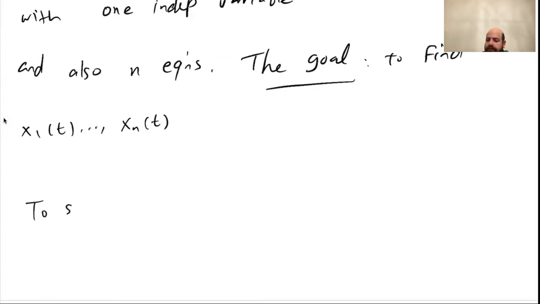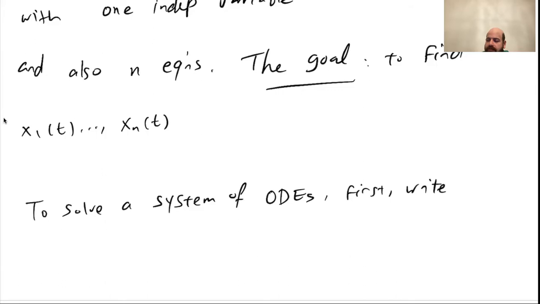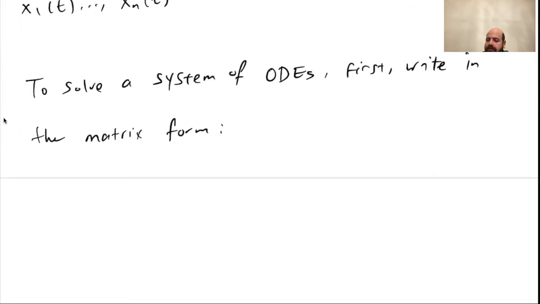So to solve a system of ODEs, first we had to write it in the matrix form. So let's say x prime equals Ax.